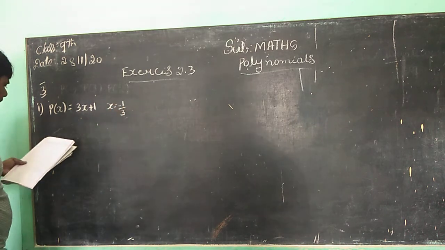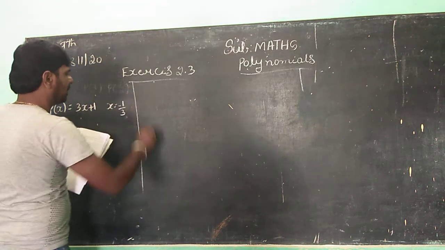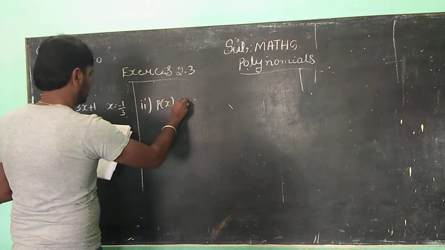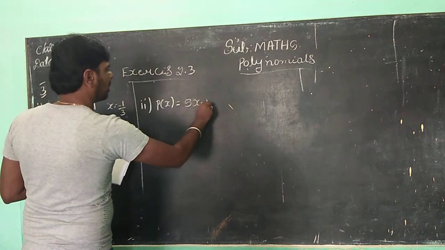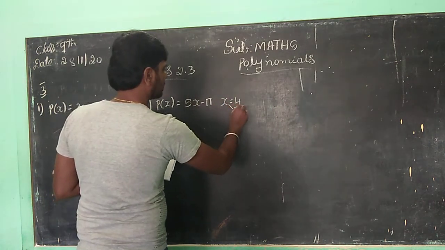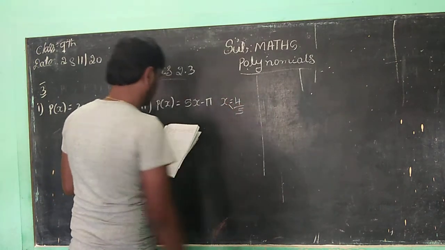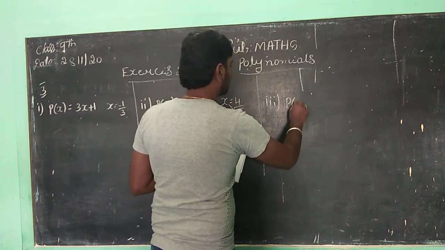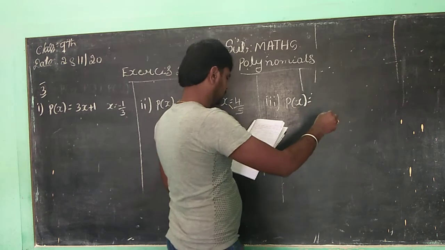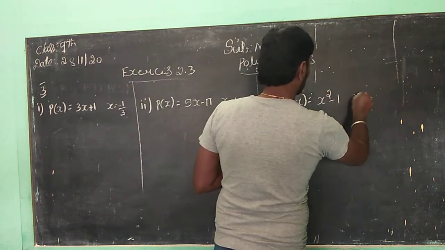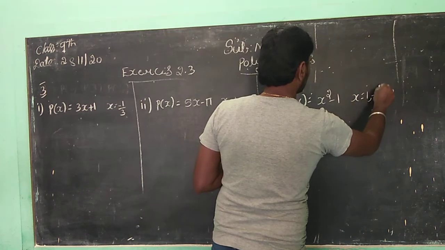Second question is p of x is equal to 5x minus 5 and x is equal to 4 by 5. Next, the third question: p of x is equal to x square minus 1 and x is equal to 1 comma minus 1.